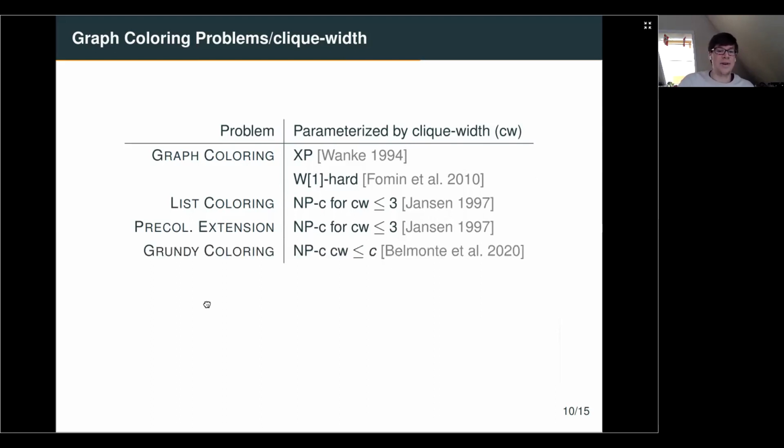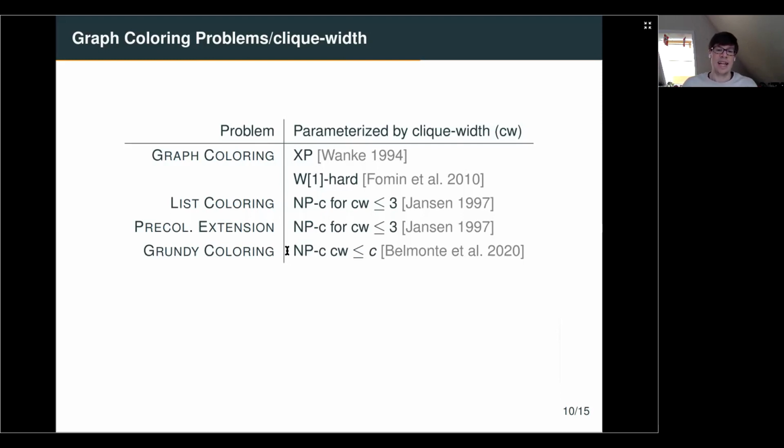All right, and interestingly also, last year it has been shown that the Grundy coloring problem is NP complete on graphs of constant Clique-Width. And this is a nice contrast with our result because the Grundy coloring problem also originates in the analysis of a graph coloring heuristic, but in this case, it's the greedy heuristic where we process the vertices one after the other, and we always assign the lowest available color that we can give to a vertex without introducing a coloring conflict.